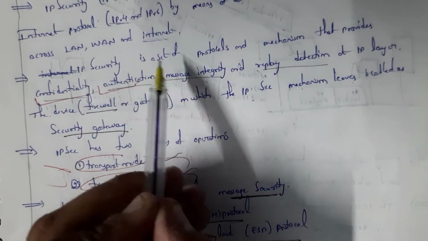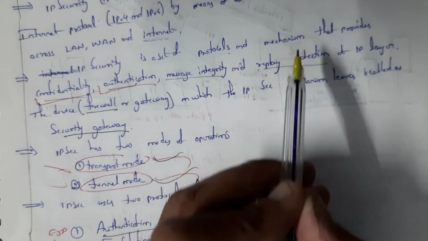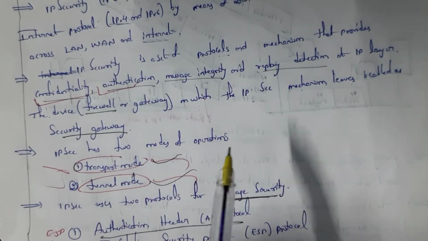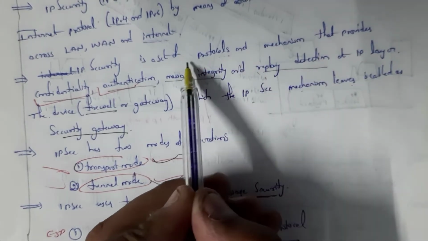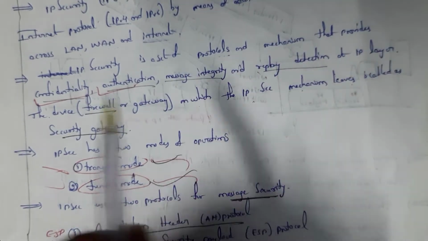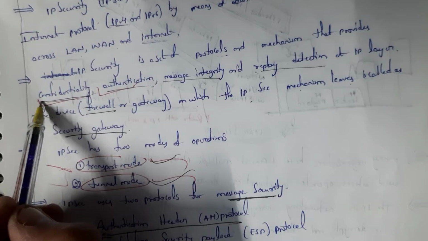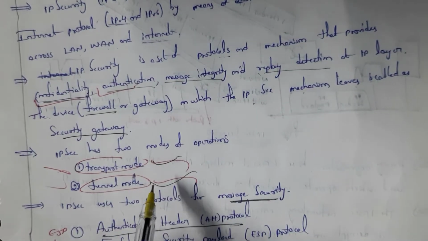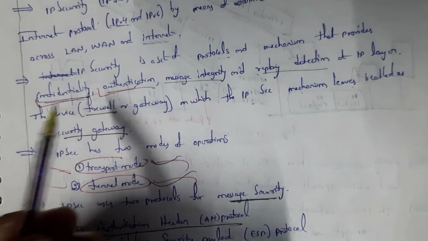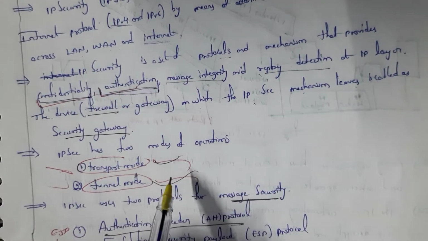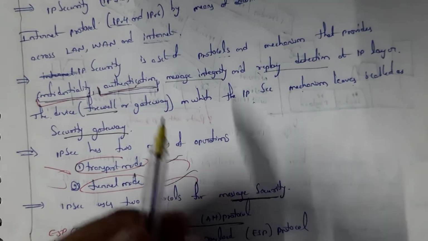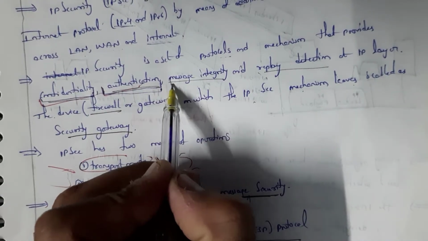IP security is a set of protocols and mechanisms. These protocols and mechanisms provide confidentiality. Confidentiality means keeping data secret without others knowing. Next one is authentication. Authentication is nothing but verifying the user by providing passwords. Next one is message integrity.